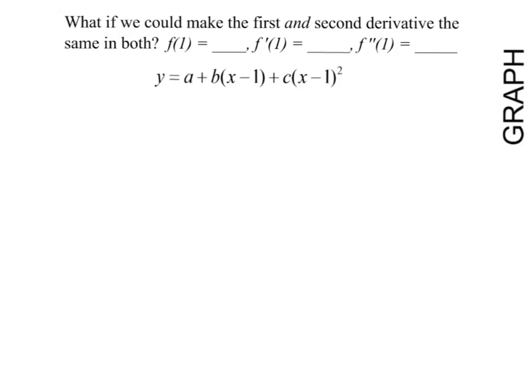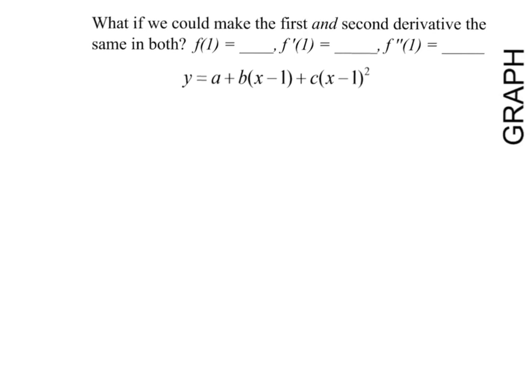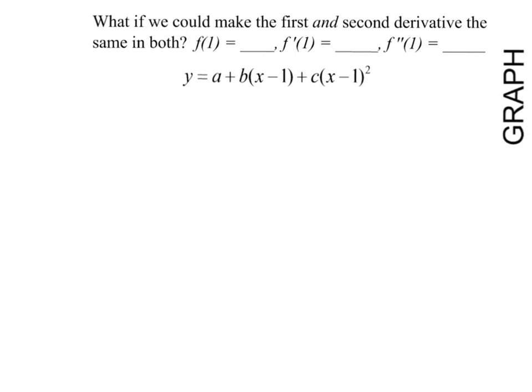So the function was f of x, natural log of x. So f prime would be 1 over x, or if it helps you, it'd be x to the negative first.